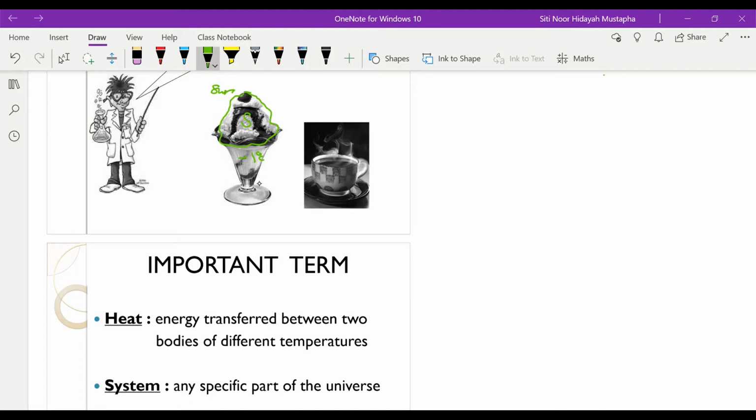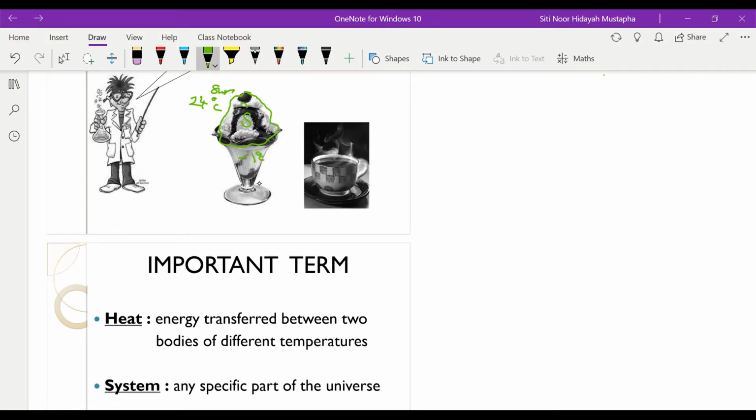System can be anything, but since you want to know about this ice cream, what is inside its surface will be your system, and outside will be your surroundings. Of course, the surroundings will be the air at room temperature, which is 24 degrees C, for example.